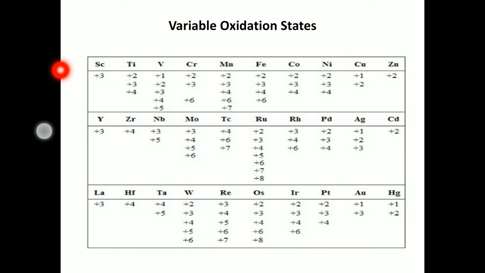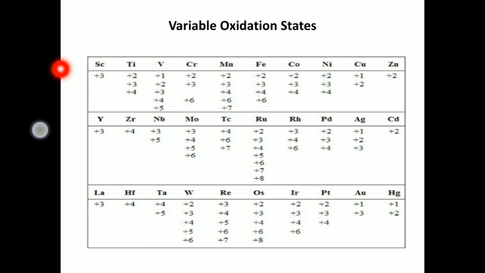That means its outermost electronic configuration is 3d5 4s2, and all 7 electrons participate in the reaction. So manganese loses 7 electrons when it participates in a reaction. So manganese of the 3d series has a higher oxidation state than the other elements of the 3d series.